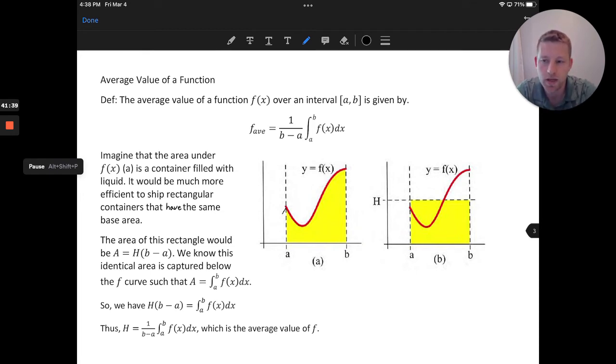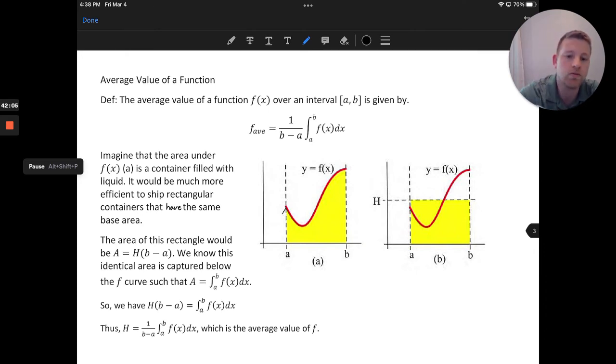So let's go ahead and now consider how we might get to that equation. We can imagine that the area under f of x that we have here is a container filled with liquid. It could be much more efficient to ship rectangular containers that have that same base area when we go to ship this.